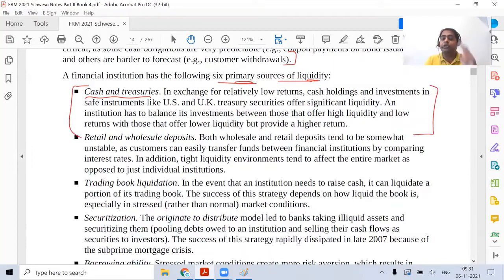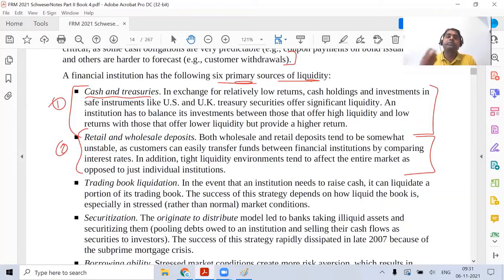The second source, and I want you guys to read along with me, would be the retail and the wholesale deposits. When we talk about retail deposits, what does it mean? Customers keeping deposits in your bank, savings account, fixed deposit. This can act as a source of money, and generally these deposits are very sticky. That means you don't have to repay them immediately.